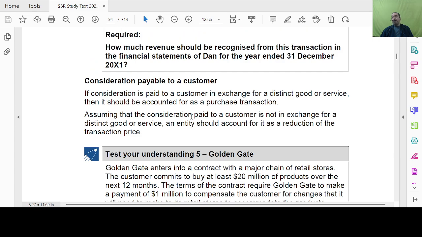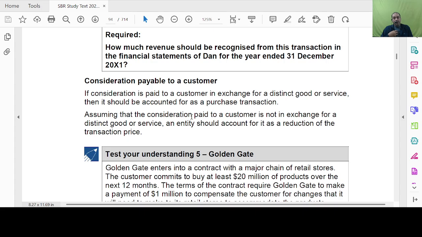Now, for example, let us say I want to sell my goods, but my goods require storage facilities, cold storage facilities. So I ask the customer who's buying the goods from me, are you having adequate storage facilities? Let us say a retailer is buying the goods from me. I am the company, and the retailer is buying directly from me. So I ask the retailer, have you got adequate cold storage facilities to store my goods? He says, no, sir.